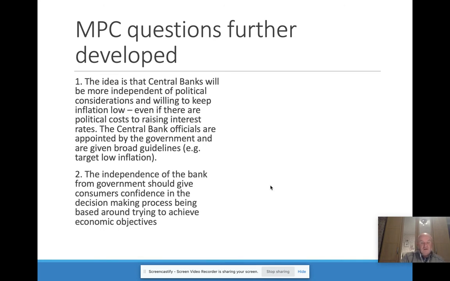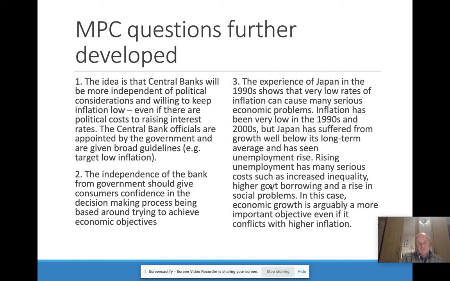Again, that independence should give consumers and businesses more confidence, and hopefully, as we talked about before, animal spirits and confidence are really important when it comes to consumer confidence and consumer spending, but also firms' investment in new output or improving output, and also possibly employing more staff. And clearly that confidence is going to have a significant effect on aggregate demand.